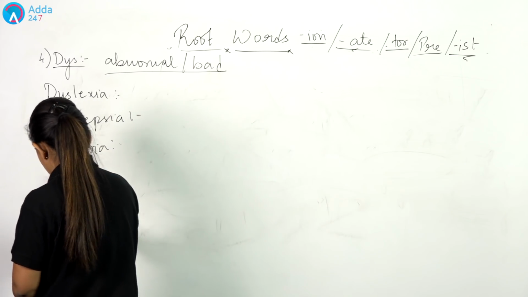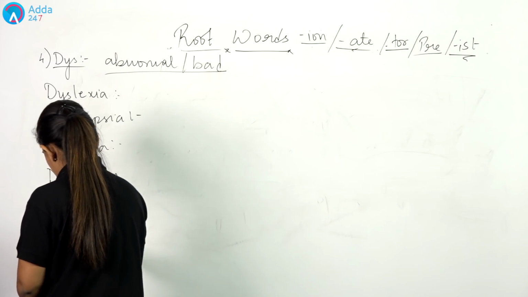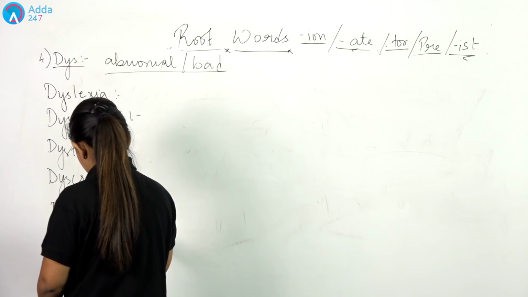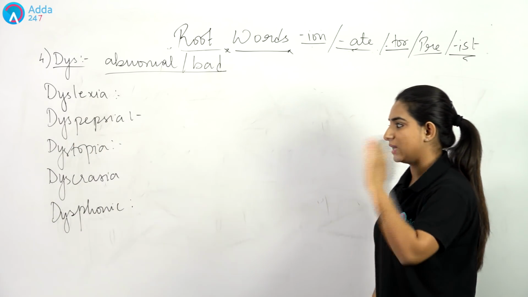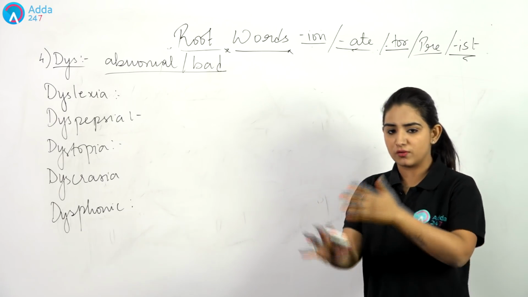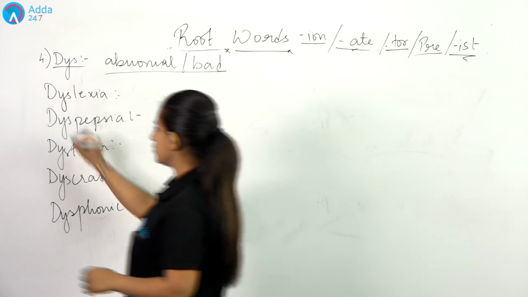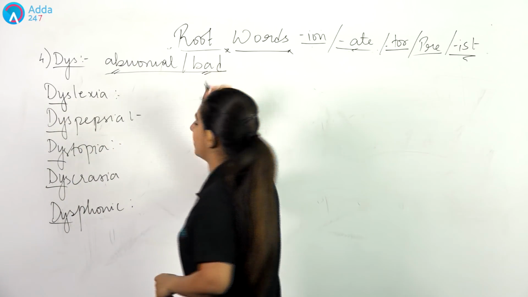Then we have dyscrasia. Then we have dysphonic. Right. So, now see, dyslexia, dyspepsia, dystopia, dyscrasia, dysphonic. You have a lot of words like this, right? But this will be related to abnormal or bad.